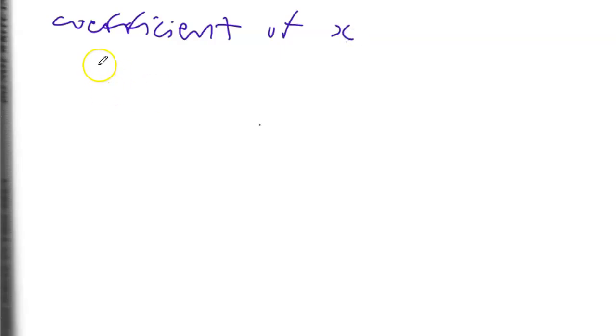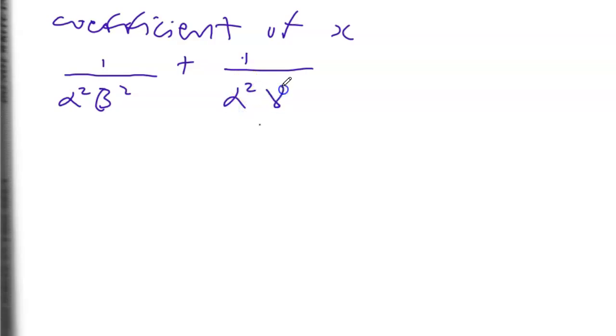The coefficient of the x, remember, it's 1 over alpha square beta square, plus 1 over alpha square gamma square, plus 1 over beta square gamma square, right? That's the other one that's remaining.